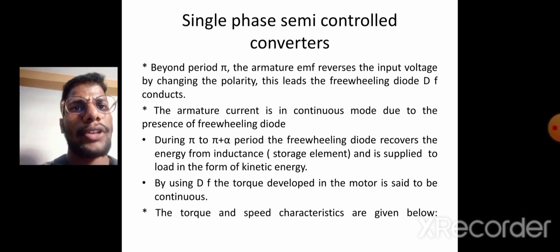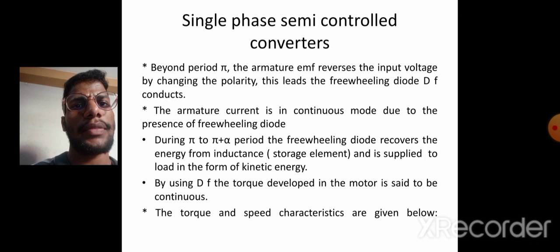During the pi to pi plus alpha period, the freewheeling diode will recover the energy from the inductance and return it to the supply. By using a freewheeling diode, the torque developed in the motor is continuous.